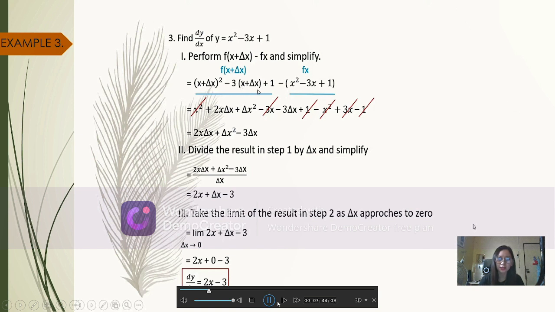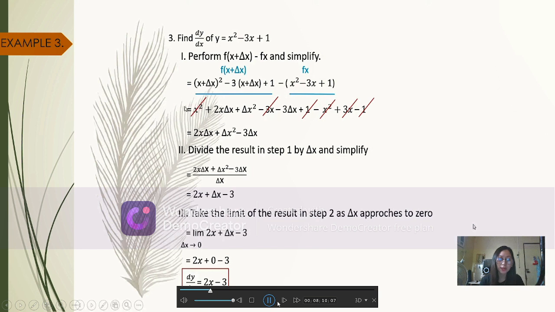Ganun din sa kabila. Apply naman natin dito or rewrite natin yung y na to na equals ay x squared minus 3x plus 1. Yun yung f of x natin. So, simplify ulit natin. Ayan. Magiging ito, hindi na natin siya i-distribute.